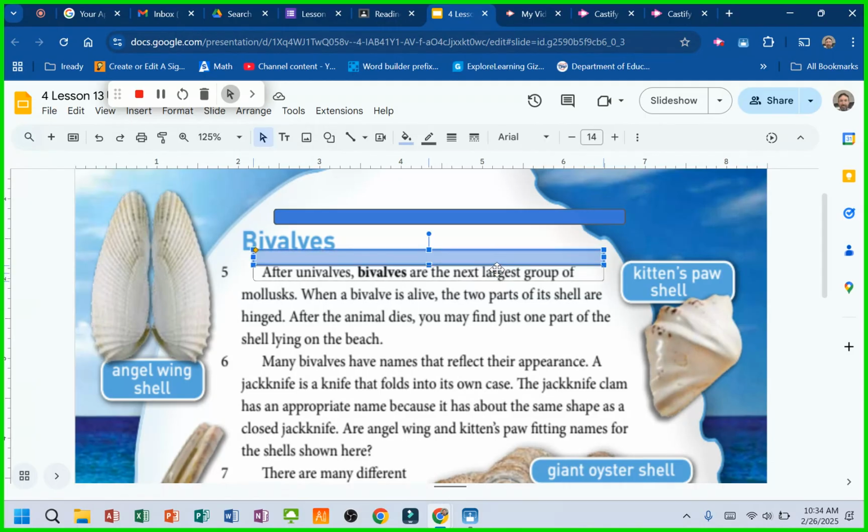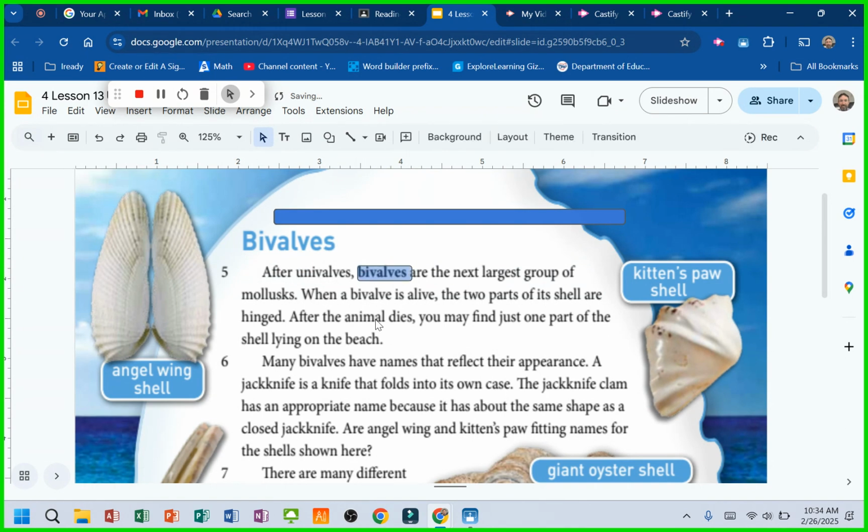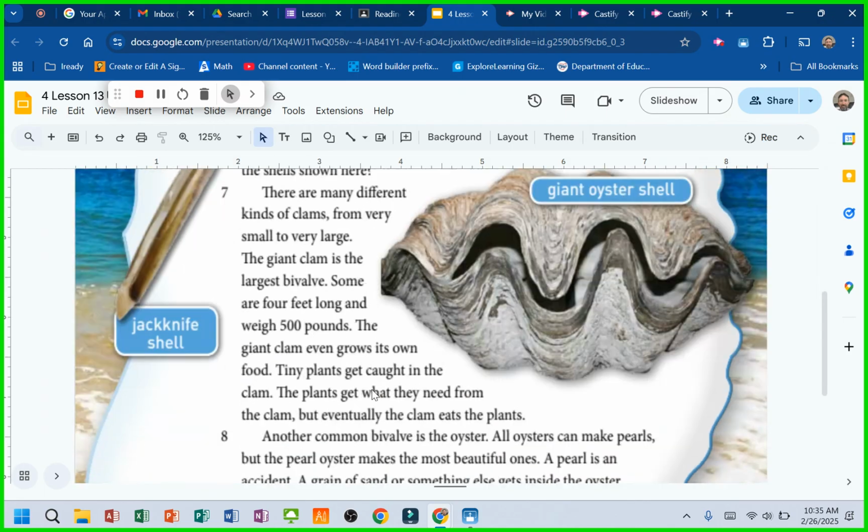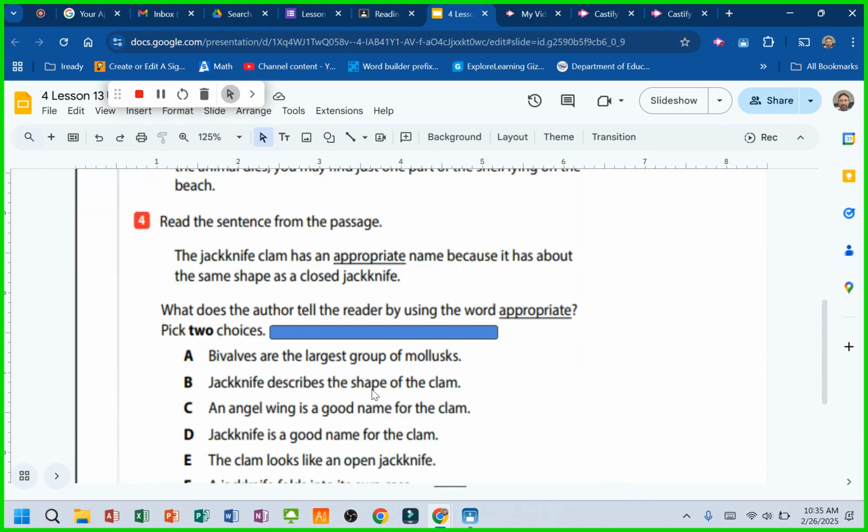You've got to highlight that word, even though it's bolded. After univalves, bivalves are the next largest group of mollusks. When a bivalve is alive, it has two parts of its shell. There's a big hint right there, right? Do you see it? You go back and read it, okay?